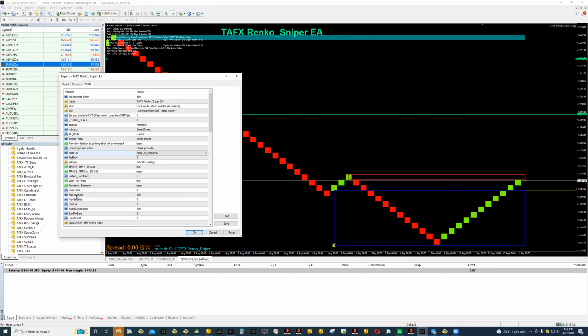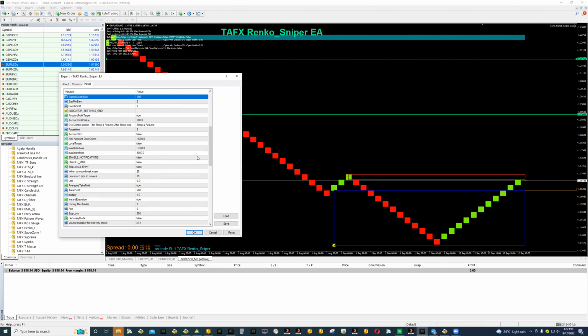And always remember the bar lookback should be 100 and also the sub D lookback. Those are the most important settings you are supposed to understand for both MT4 and MT5. Strategy one is the same. The Renko Sniper for MT4 and the Renko Sniper for MT5, the strategy is the same. So that is how you can enter the market.